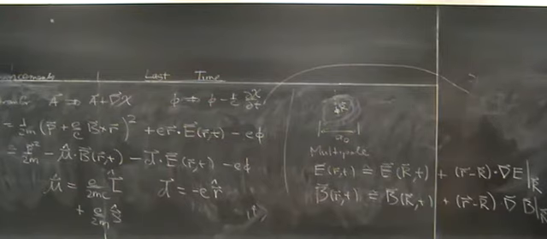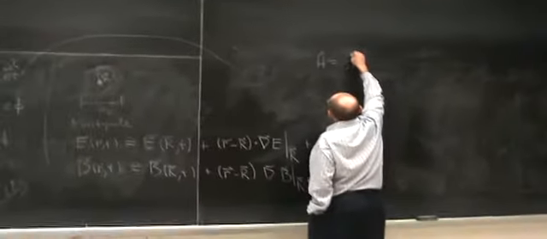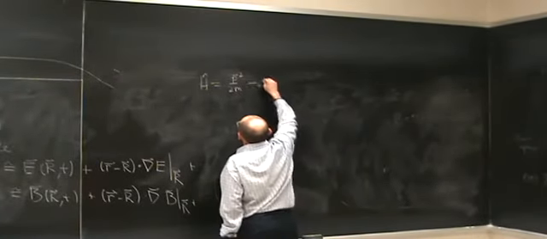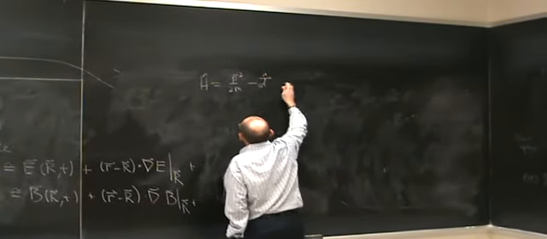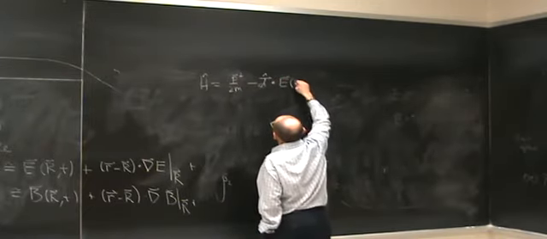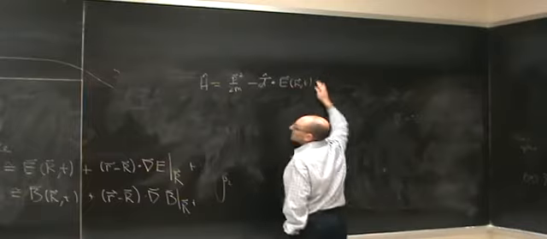All right, so under this approximation, my Hamiltonian is equal to p squared over 2m minus the electric dipole operator of the atom dotted into the electric field at the center of mass of the atom.